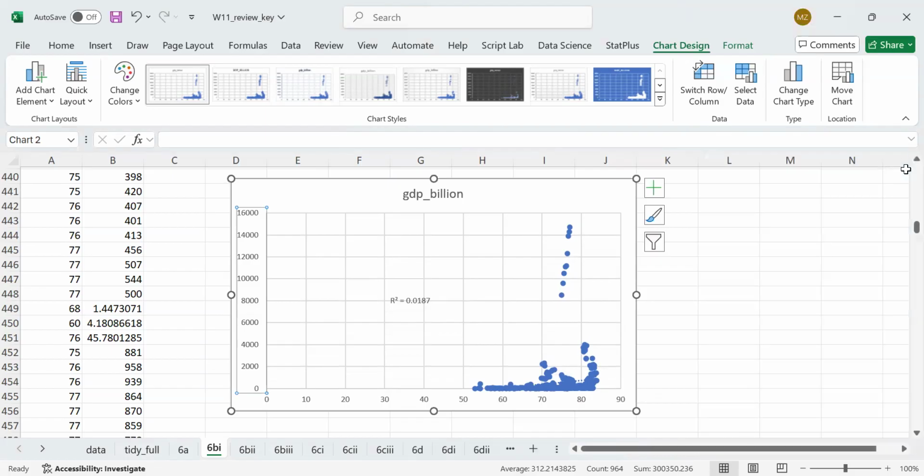Oh, okay. I think one thing that you have to do is switch them. Obviously, the independent variable is always on the x-axis and the dependent is on the y-axis. So I have it the other way around.